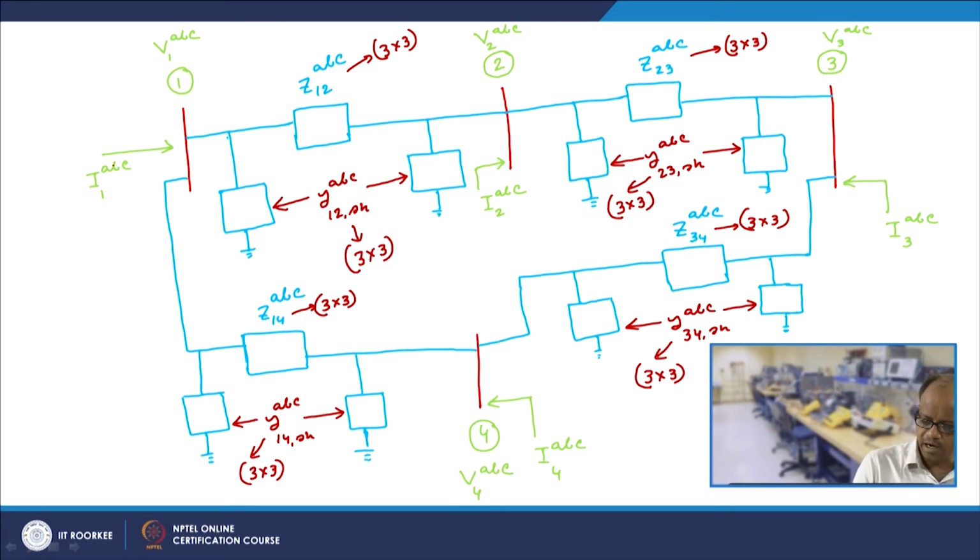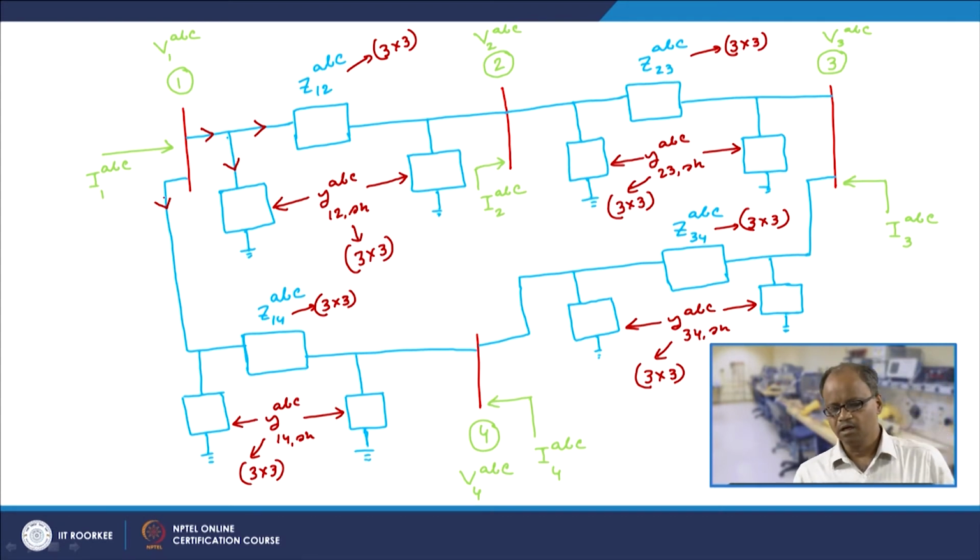Now if I apply KCL at each and every point, we can see that I1 ABC is equal to this current plus this current, and this current is essentially equal to this current plus this current. So I1 ABC is equal to this current plus this current plus this current.